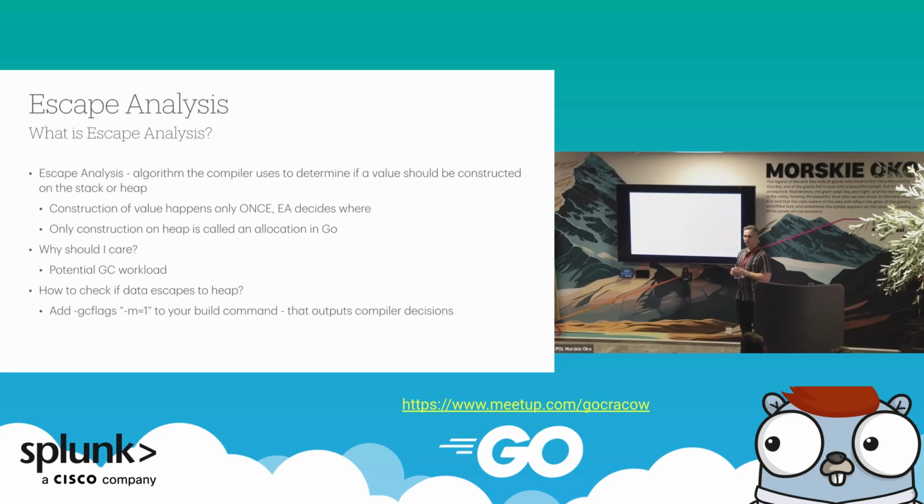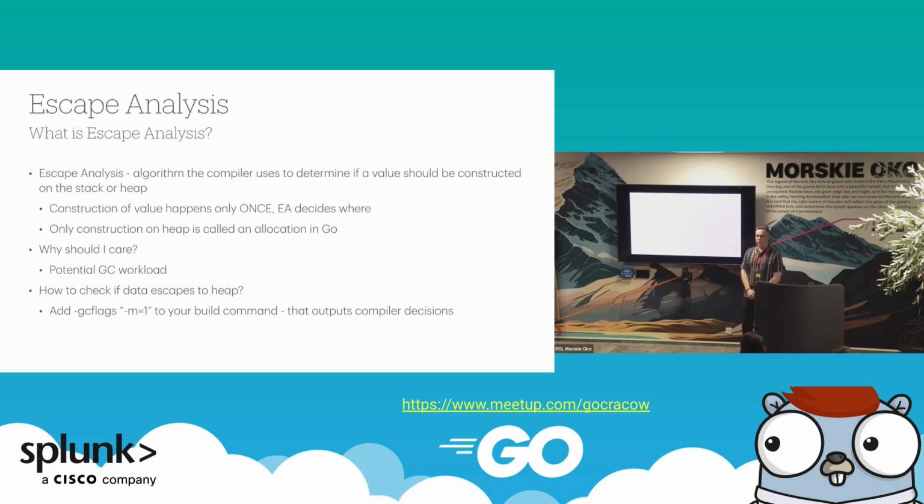Only construction on the heap is called an allocation in Go. And we need to be aware of that only because there is a potential garbage collector workload, yeah? So if we have too many escapes, the garbage collector has more things to do.